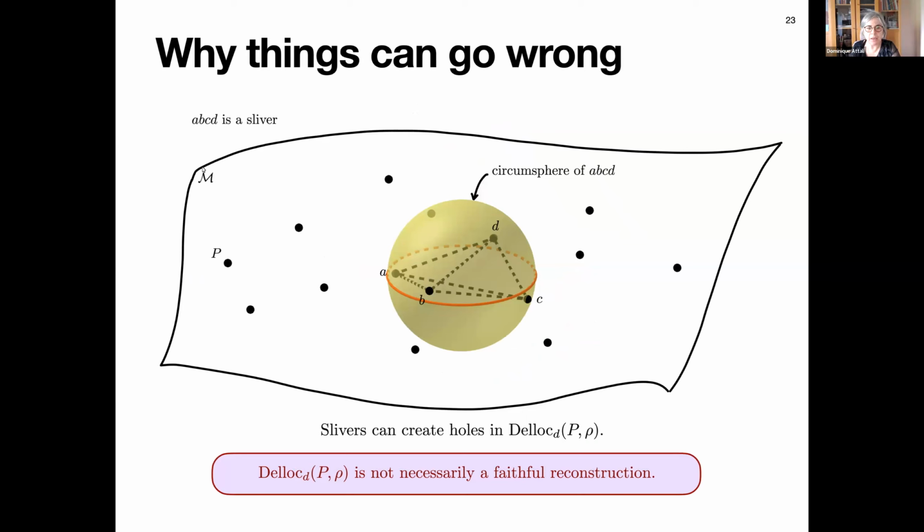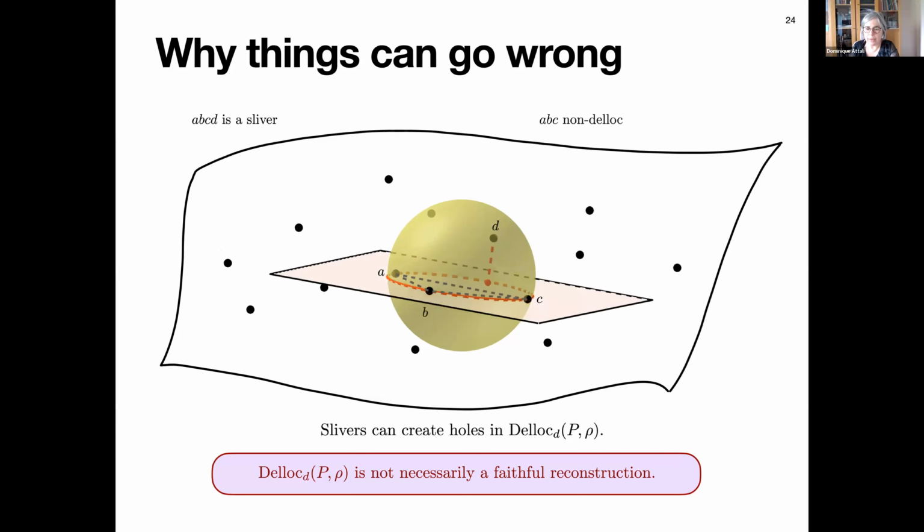Suppose that you are in 3D and the manifold is a surface, and you consider 4 points, A, B, C, D, that form a sliver. That is, they are almost co-circular. They're close to this yellow circle, say. What may happen is that whenever you pick 3 vertices among the 4, they define an affine space, a plane.